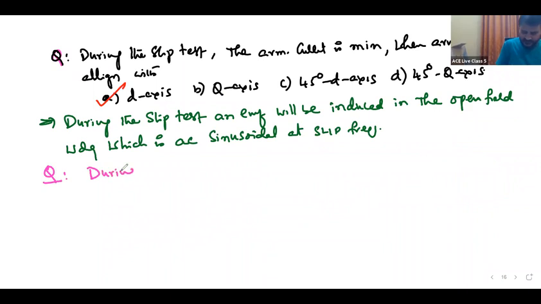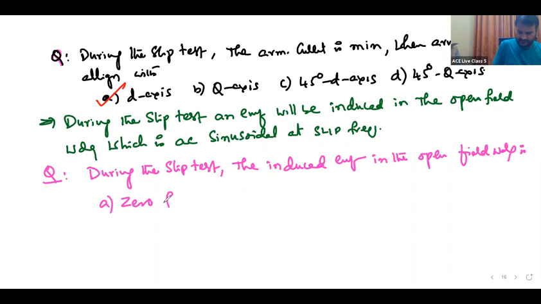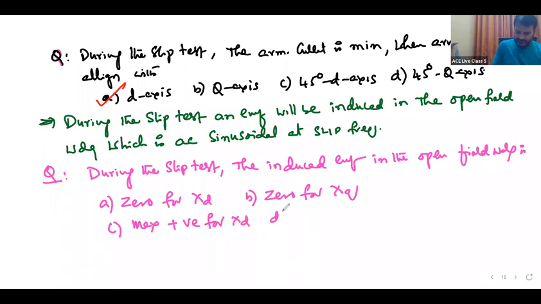During the slip test, the induced EMF in the open field winding is: A, 0 for XD; B, 0 for XQ; C, maximum positive for XD; D, maximum positive for XD and maximum positive for XQ.